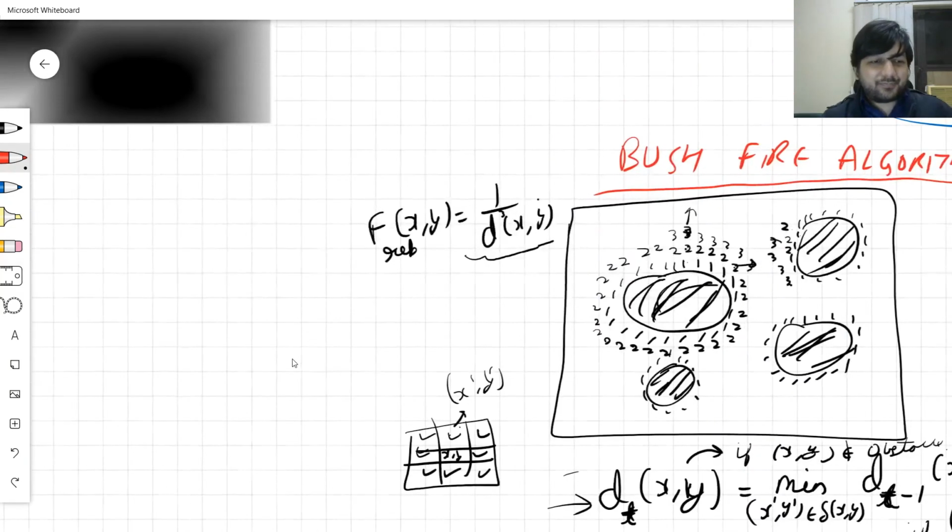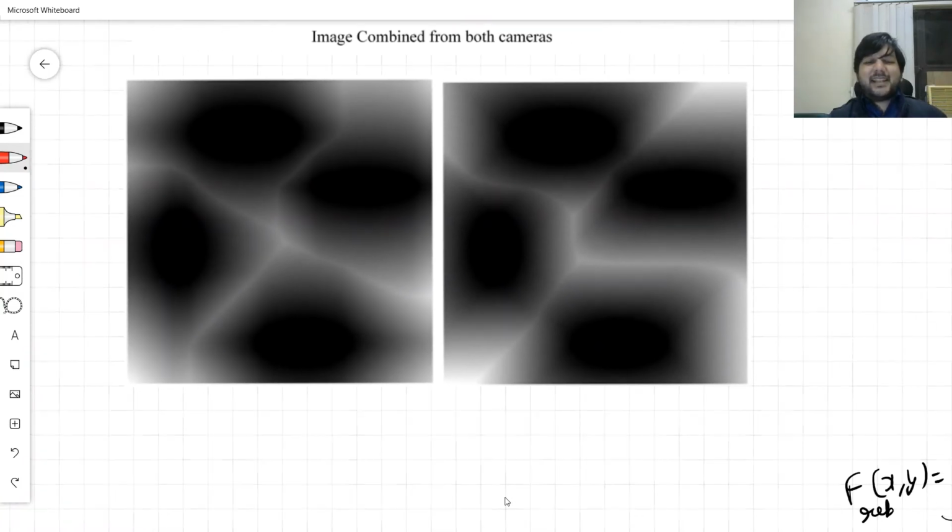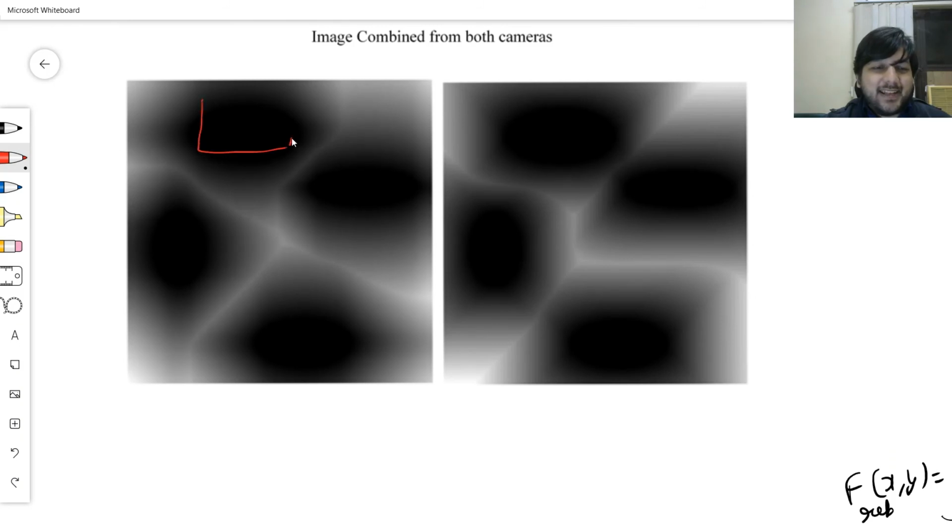So what really happens is something like over here. So that's an example of bush fire. The ones that you see directly as black are the actual obstacle, and this is the spread of fire. So blackness, the grayness, is the distance from the obstacle. That's why you see these as white, far away from the obstacle.